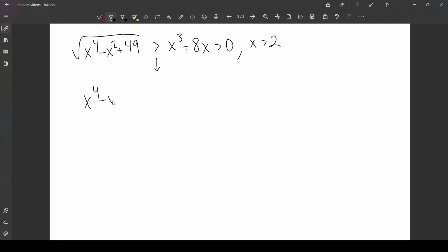So we square both sides. On this side, we get the inside of the radical. On this side, we get x to the 6th minus 16x to the 4th plus 64x squared. And if you put everything on the right-hand side, what you get is this.